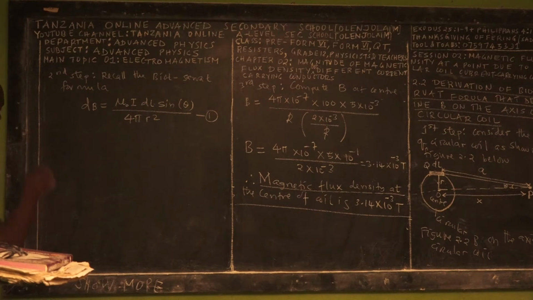This equation 1 is the general Biot-Savart formula, and we have to do something before we go to the integration.